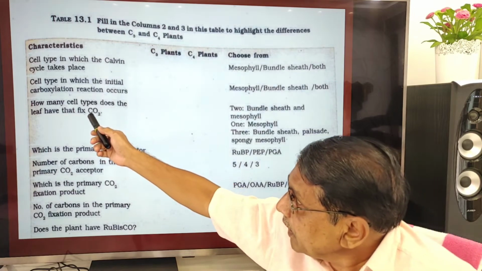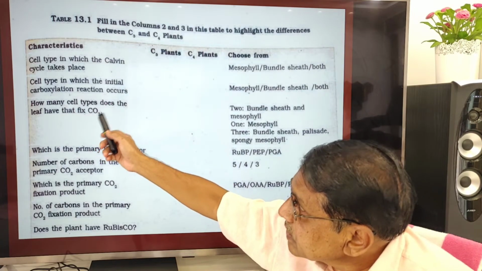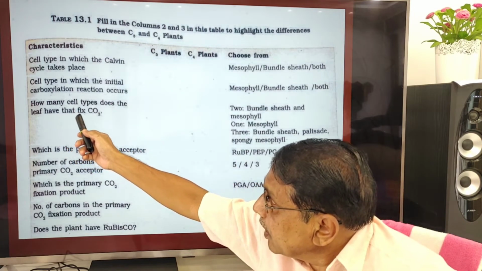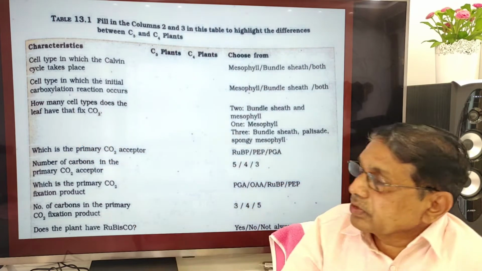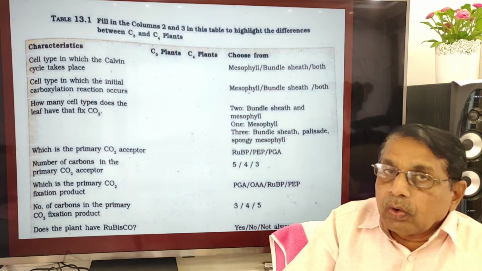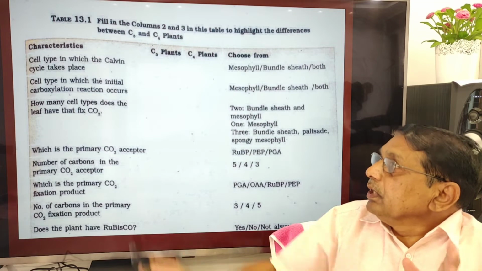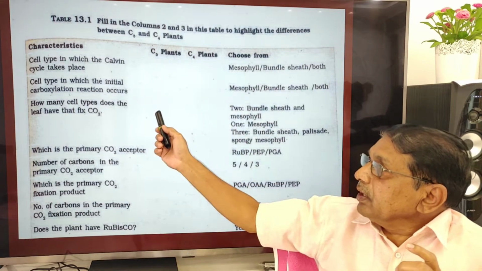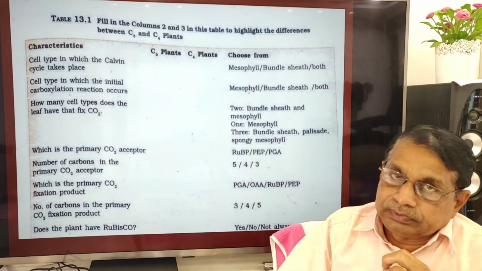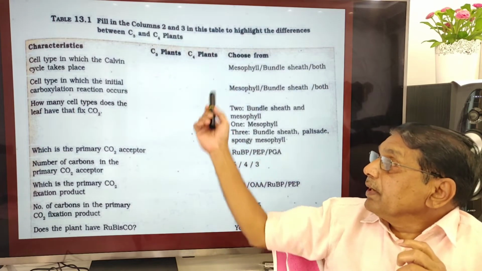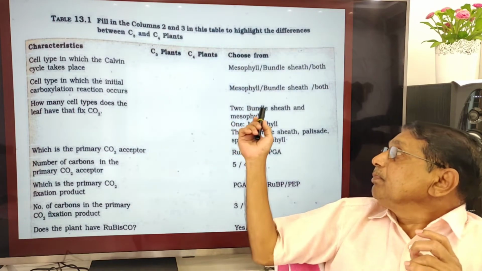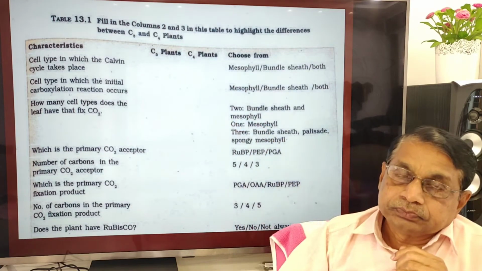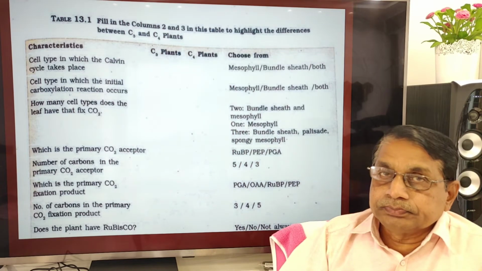Then, how many cell types does the leaf have that fix carbon dioxide? In C3 plants, only one type, the mesophyll cells. Whereas in C4 plants, mesophyll cells and bundle sheath cells, two types.